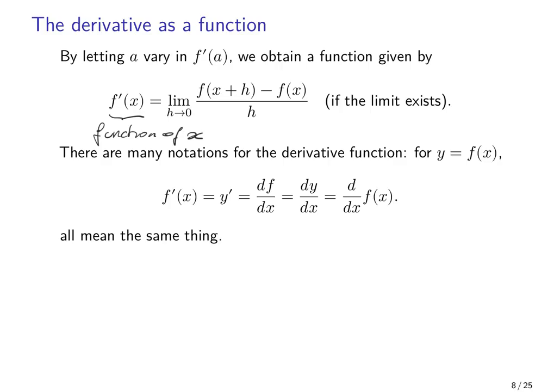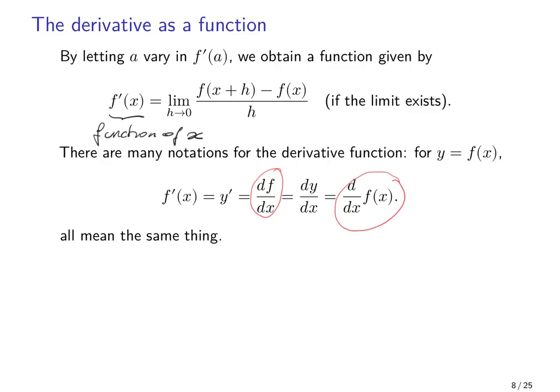How is that derivative defined? Well, very simple, same definition as before. The limit as h goes to 0 of f of x plus h minus f of x, and all of that divided by h. We will most commonly use the notation f prime for the derivative as a function, but there are other notations as well. In particular, I point out the following notation to you: df dx or d dx of f of x.